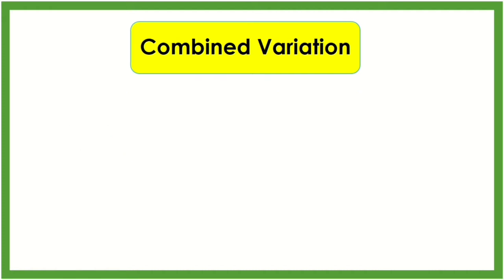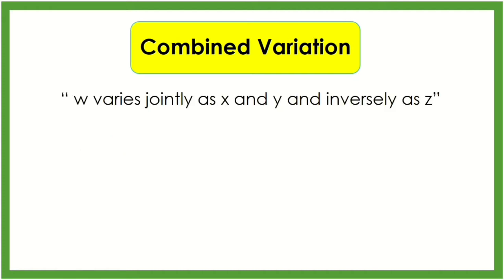In combined variation, let's have this statement. W varies jointly as X and Y and inversely as Z. So, this is translated as W equals K times X times Y all over Z. K times X times Y is a joint variation and K over Z is inverse variation.